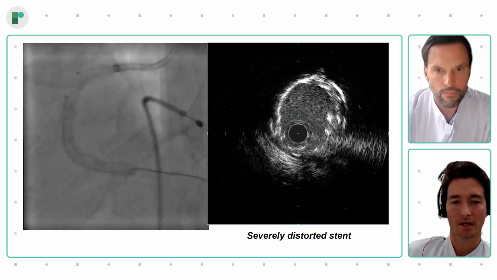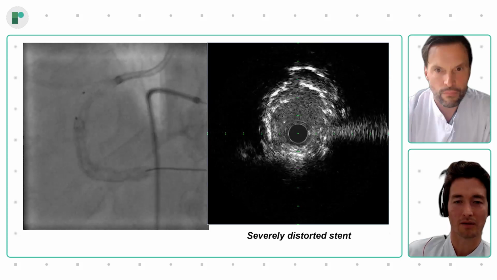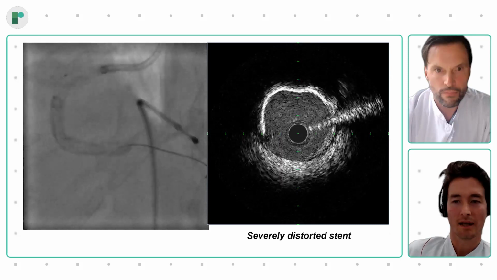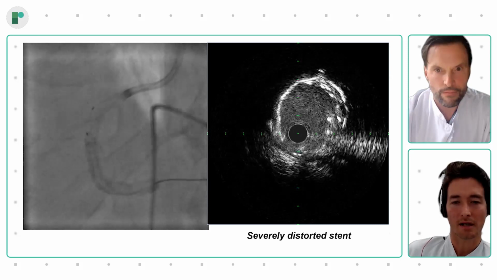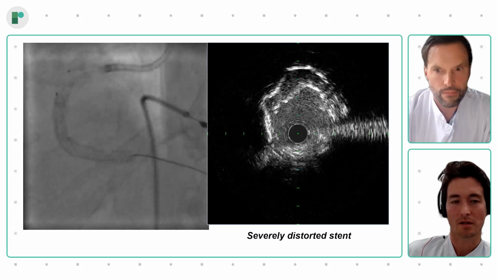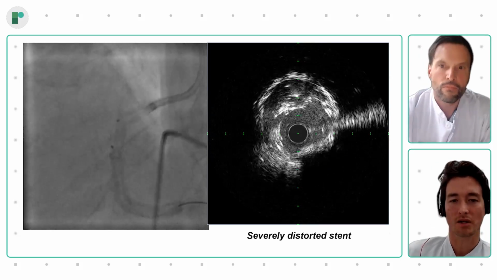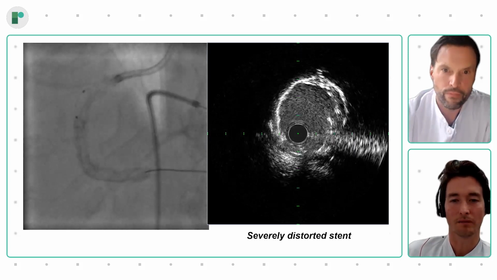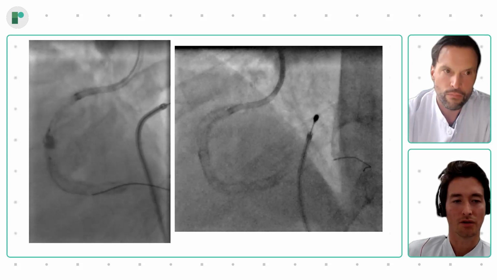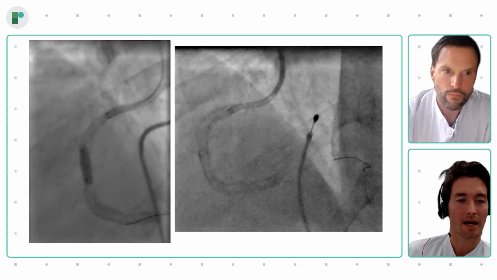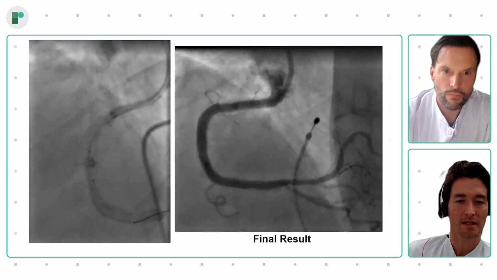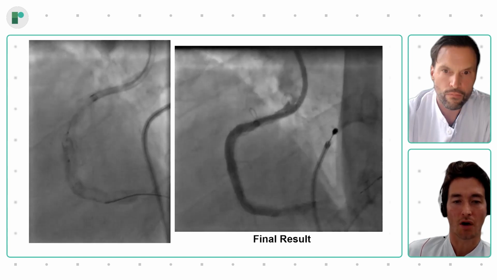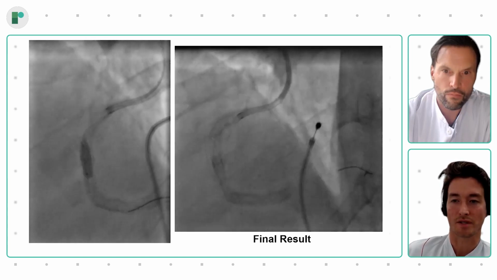You see a really chaotic situation almost intraluminally with a severely distorted stent. I guess HD IVUS was not compulsory in that situation, but it did help us identify the nature of the problem, and we were then able to address the problem by dilating this distorted stent and finally achieving a very good angiographic and also IVUS result.